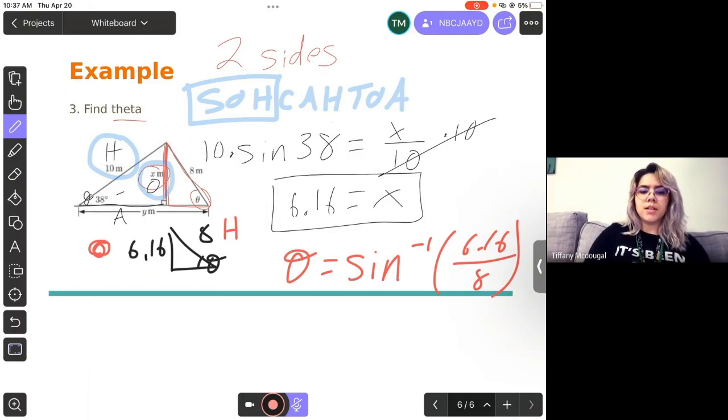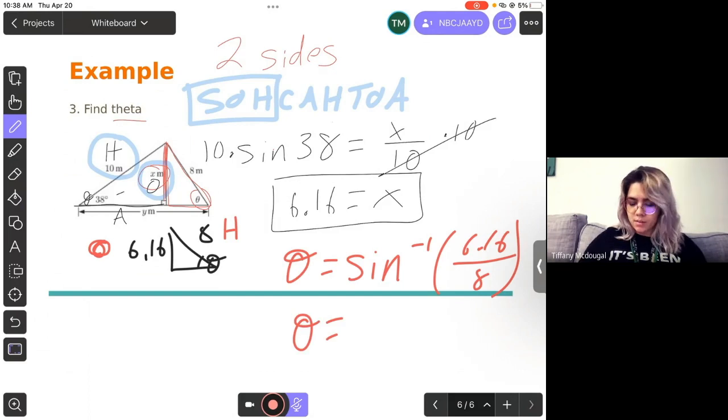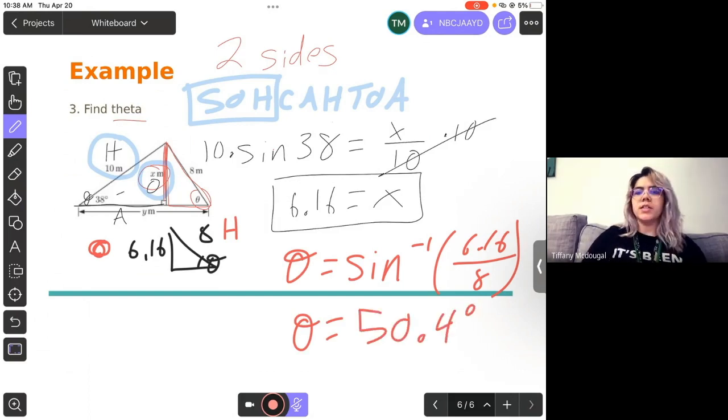Let's go ahead and plug that into our calculator. So we want the inverse sine of 6.16 over 8. Boom. And it looks like theta is going to be equal to 50.4 degrees.